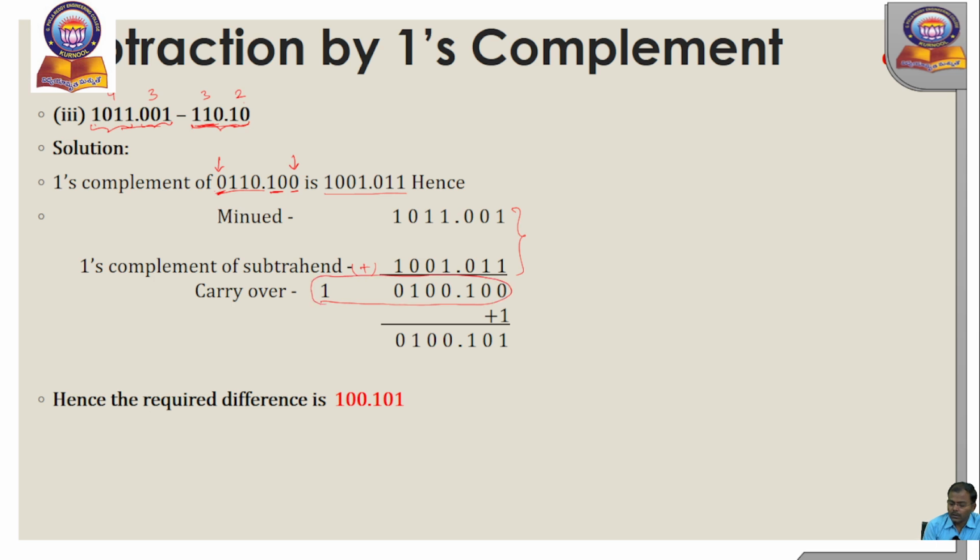In total, how many bits are used? Total 7 bits are used. After adding, I got a total of 8 bits. That means this extra bit I have to add at the LSB. So it gives you 0100.101. This is the difference of these two numbers.